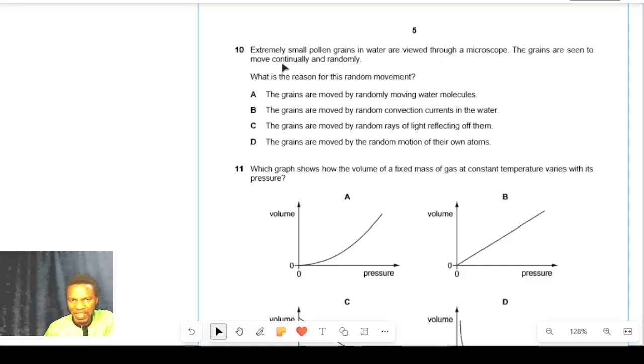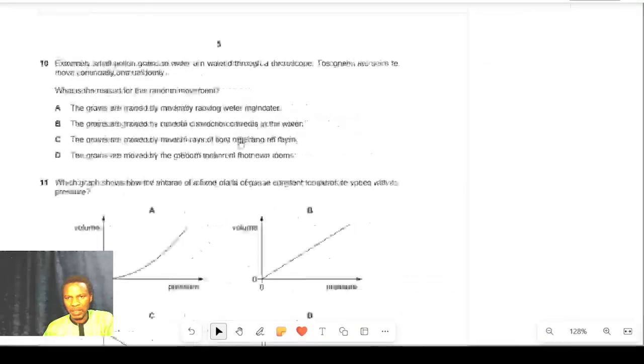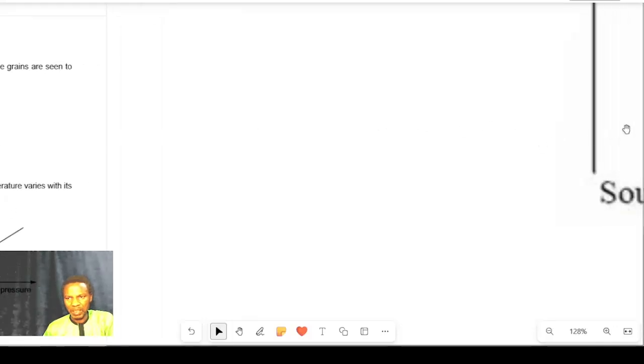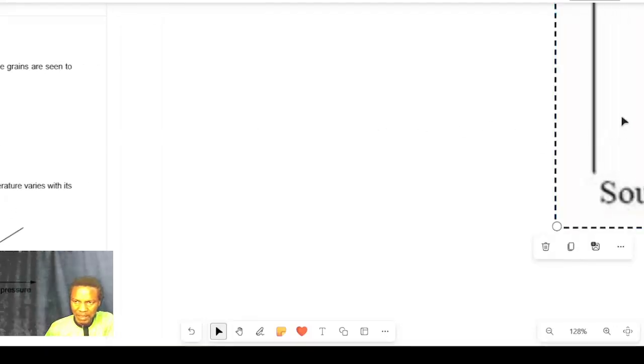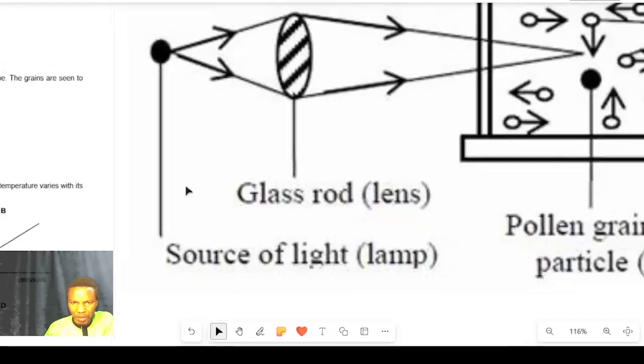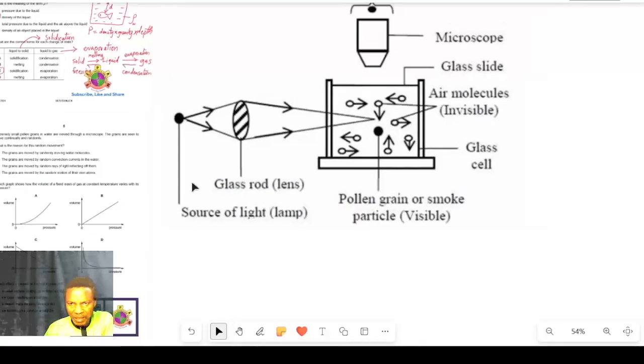The grains are seen to move continually and randomly. What is the reason for this random movement? So let me just show you what actually happens in this particular situation.